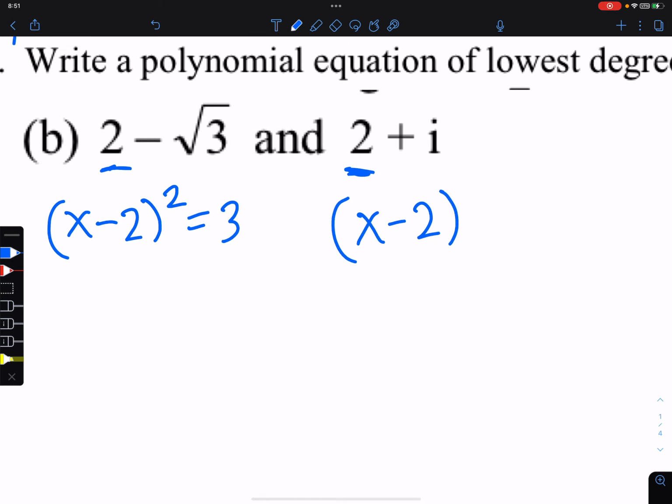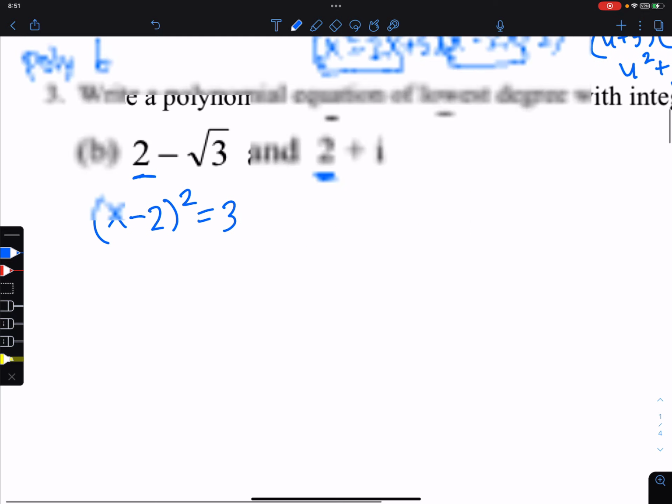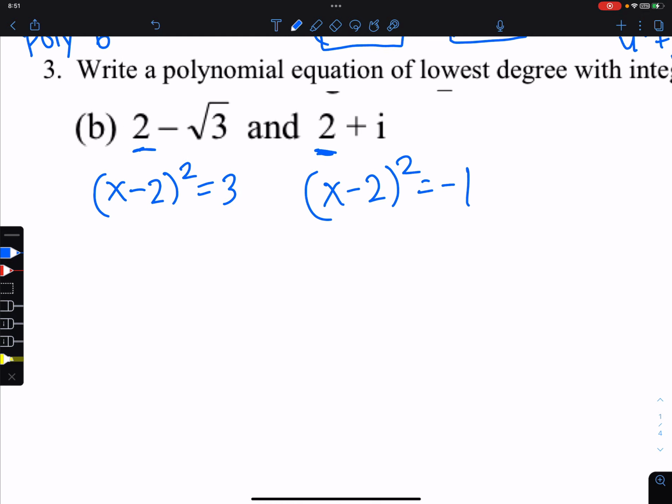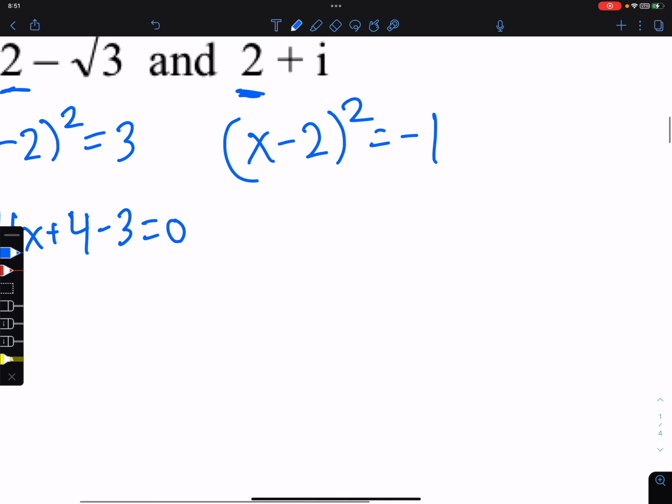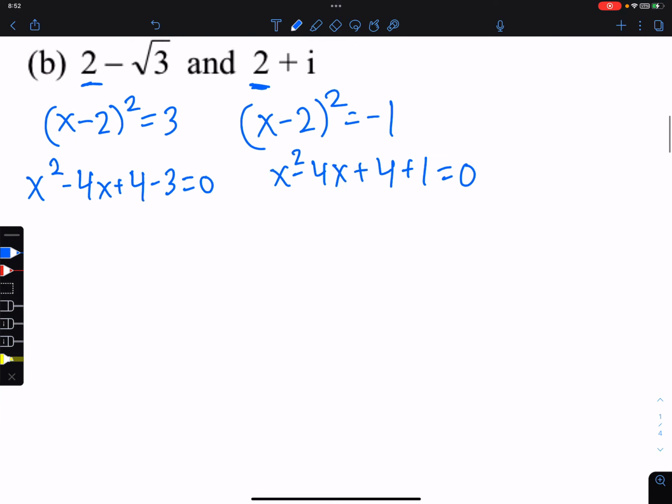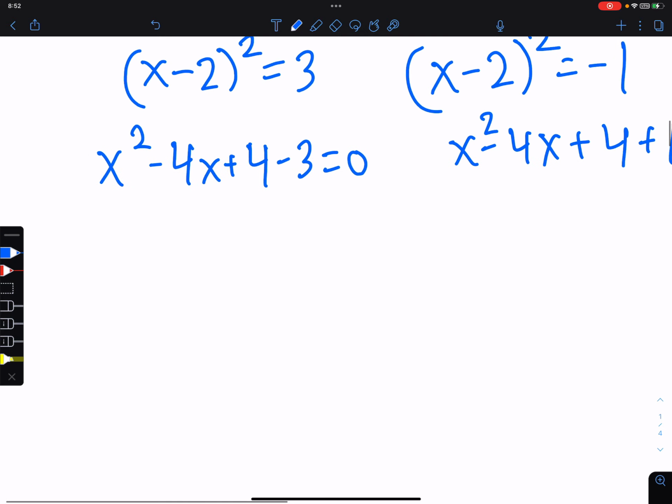Just being able to do this in your head is good, and then distributing while minusing is also a good habit, right? But of course, if you can do this all in one step, that's good.